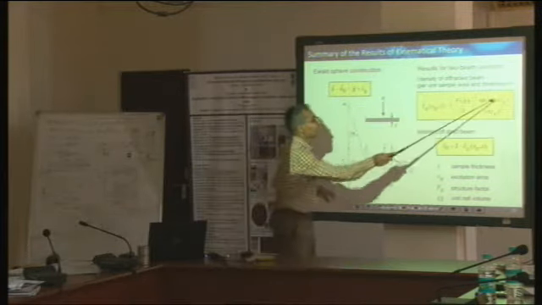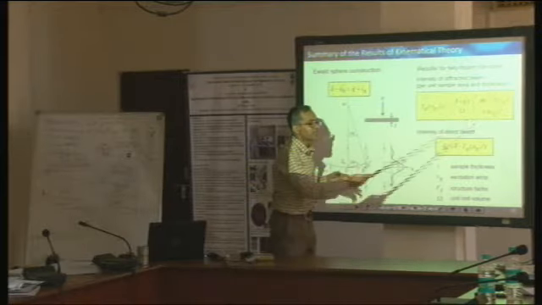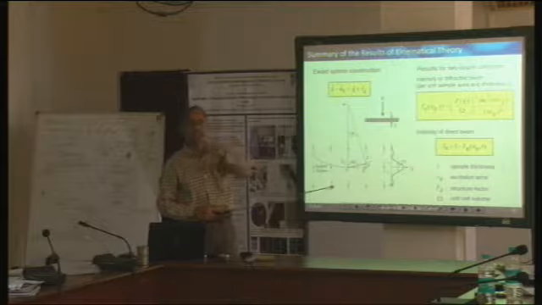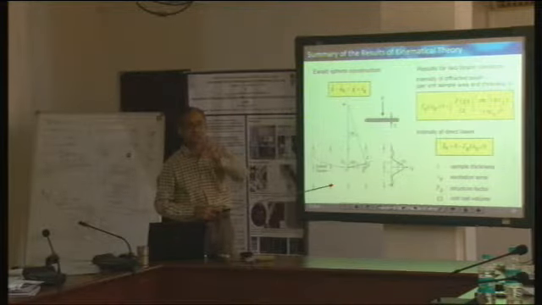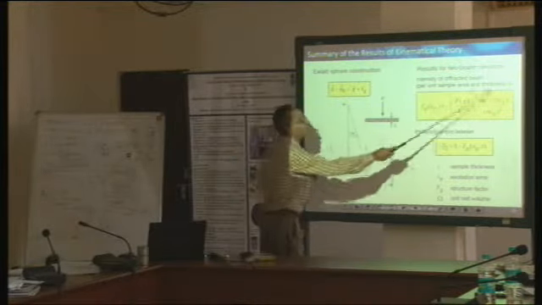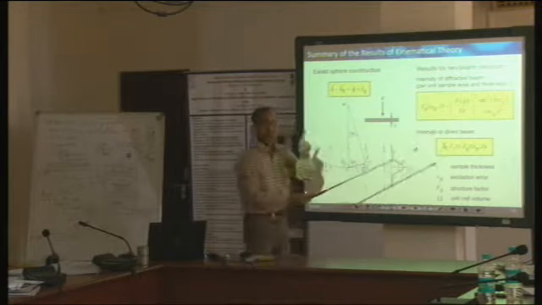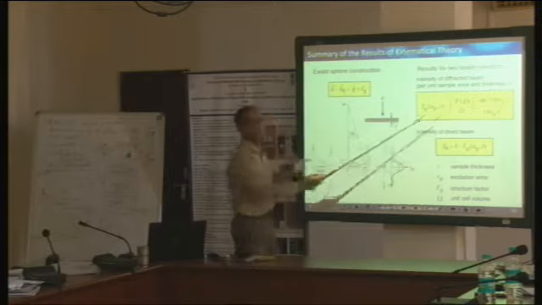Then the limit as theta tends to 0 of sine squared theta by theta squared becomes 1, because the limit of sine theta by theta as theta tends to 0 is 1. This is a non-vanishing term which is 1, and so I have this term which gives the intensity.